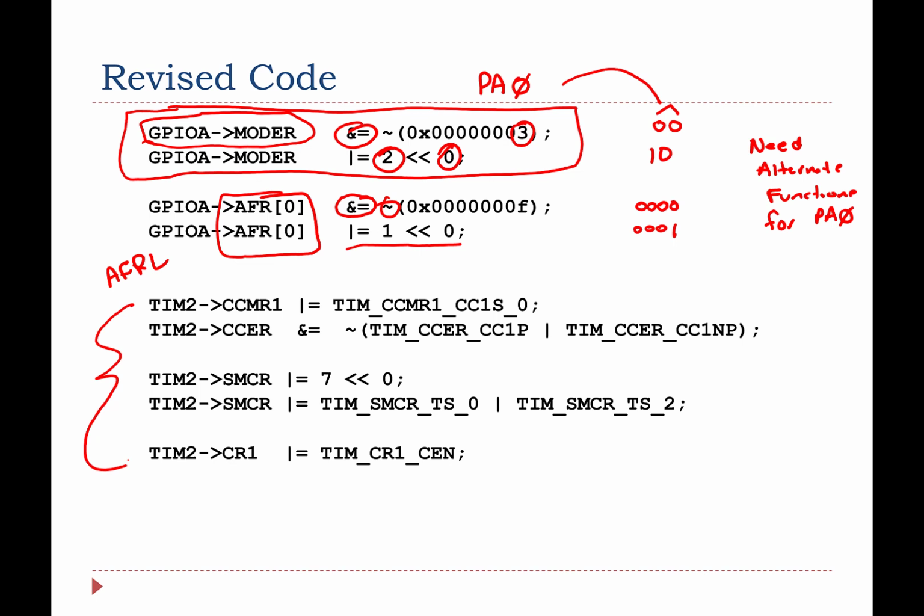This sort of comes from your book, and one of the things that I think is a little bit crazy when you start to look at this is they have all of these pseudonyms for just placing ones or zeros in certain bits, and it's really helpful if you look at the setup or startup constants file to see what's going on. So let's look at that and see if we can find out what's going on here.